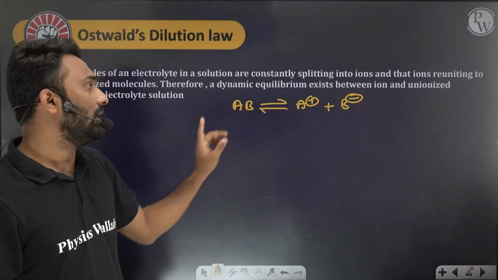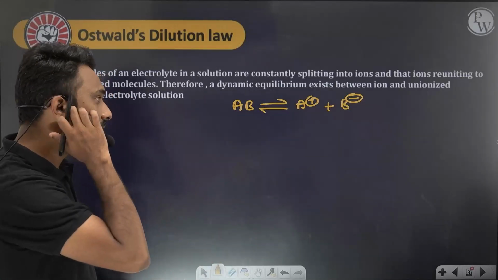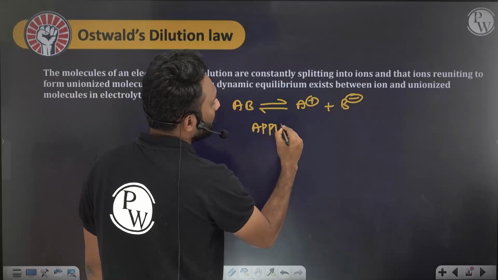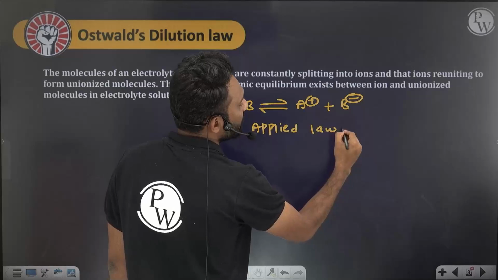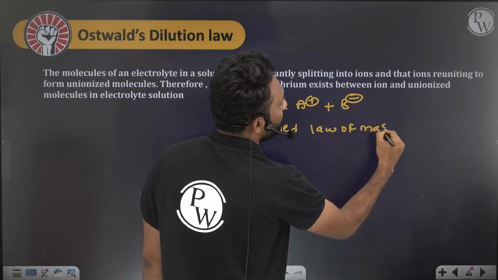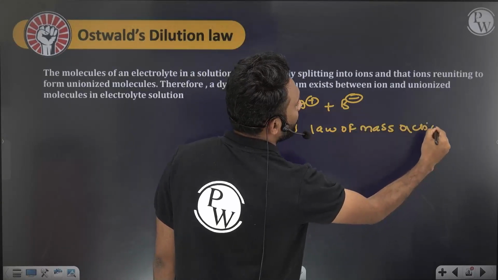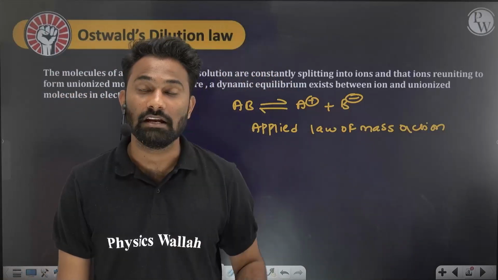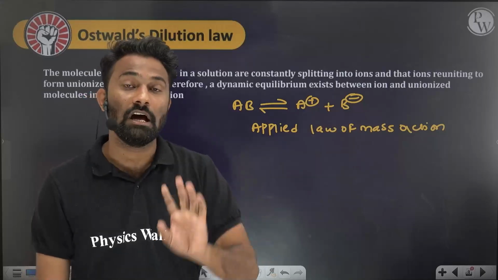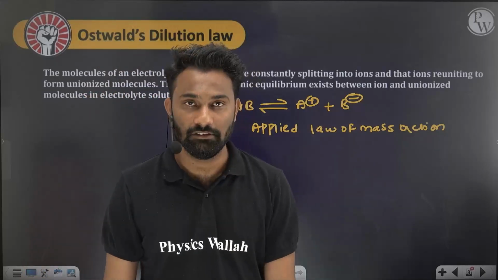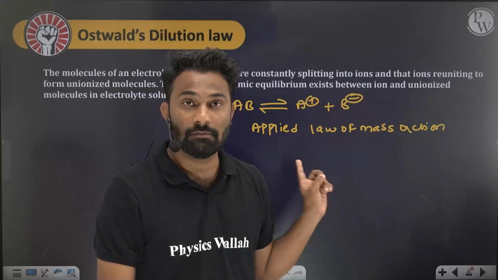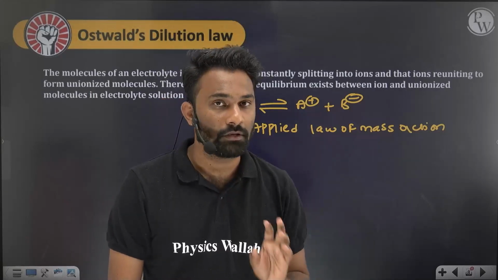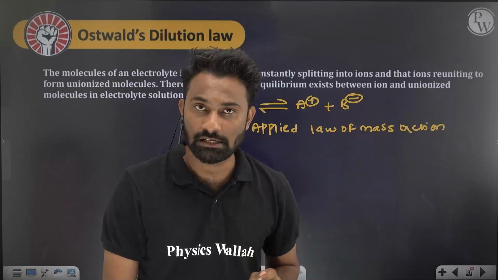Now from here, what Ostwald did is he applied the law of mass action to this above equation. Now when we apply the law of mass action to the above reaction, what happens? It depends upon the activity. Activity coefficient for a solution can be expressed in concentration.